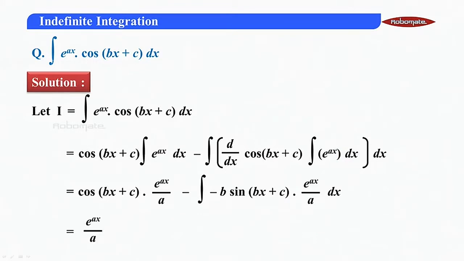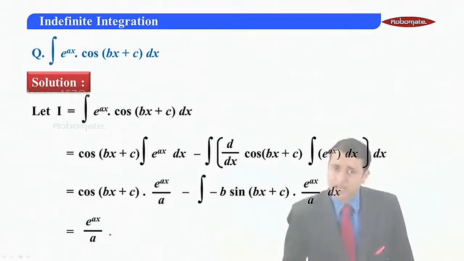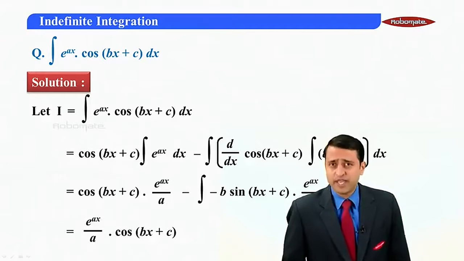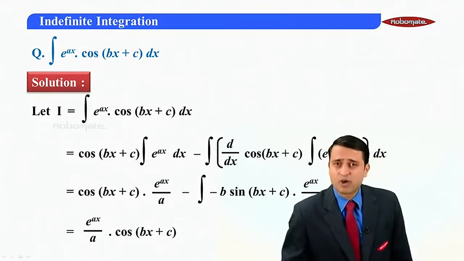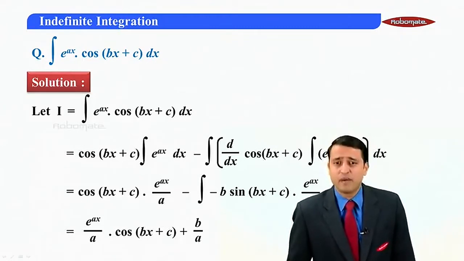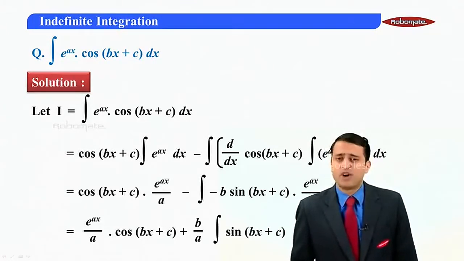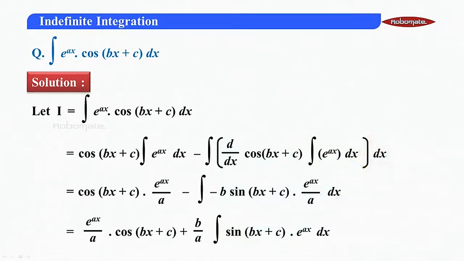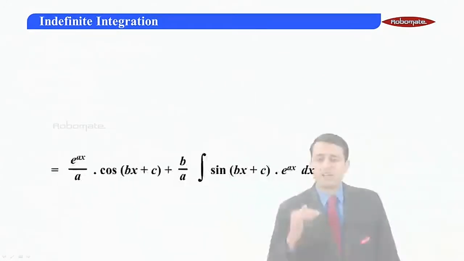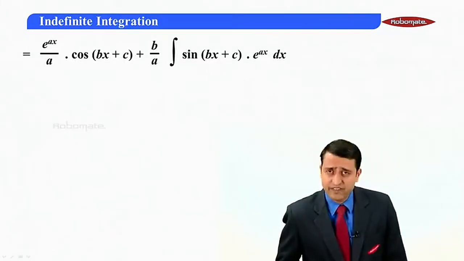Correct? Let's write this as e raised to ax by a into cos of bx plus c. Minus of minus is plus, b and a are constants, so can I say plus of b by a integral of sine of bx plus c into e raised to ax dx. Correct, my dear students? Now let's take this step here for our reference.